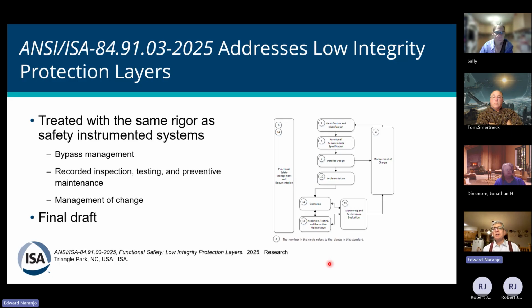If you know that you have to undergo several orders of magnitude of risk reduction, a LiPo is really not the mechanism to help you achieve that. You really need to go through a safety instrumented system.